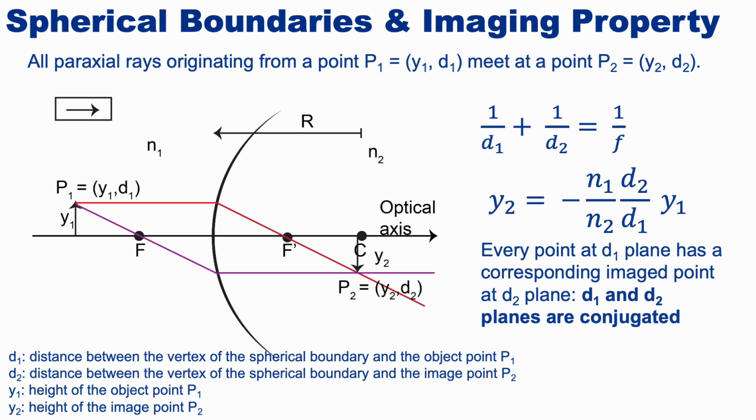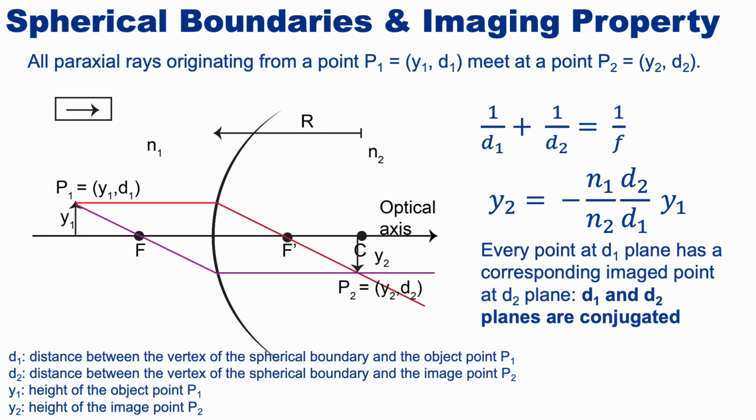And we are assuming that the focal length is the same from the front focal point and the back focal point. The difference here is that because the two media have different refractive indices, now in the height we're going to have the ratio between the two refractive indices, then the distances, and then the original height of the object.